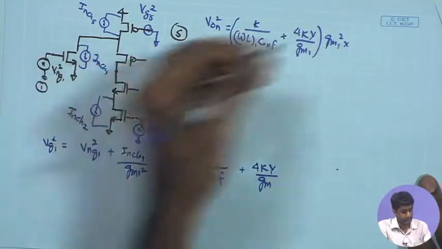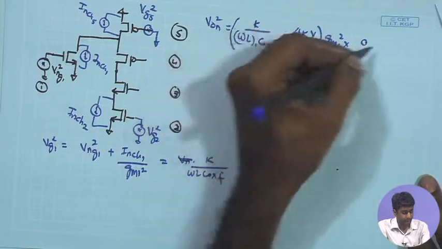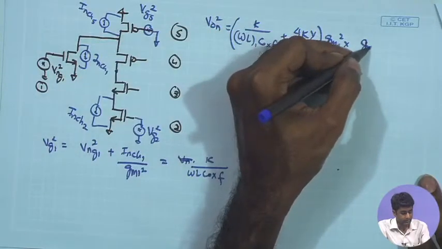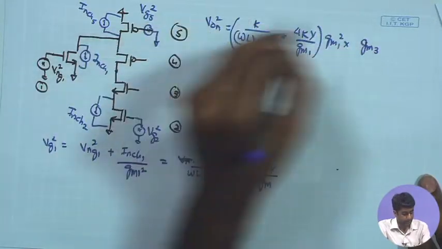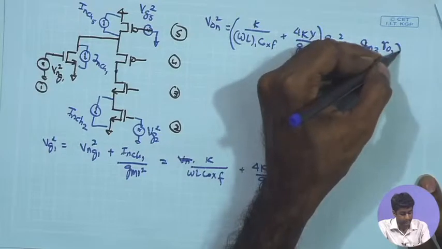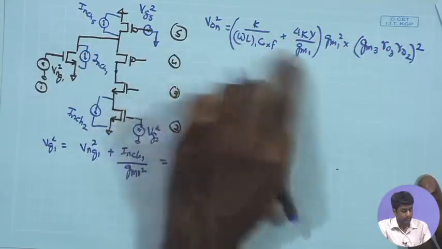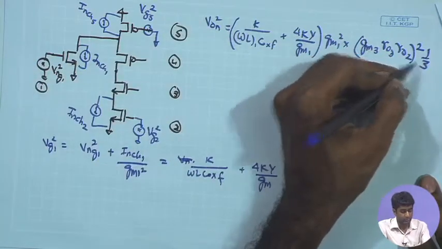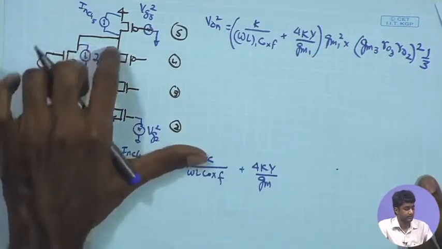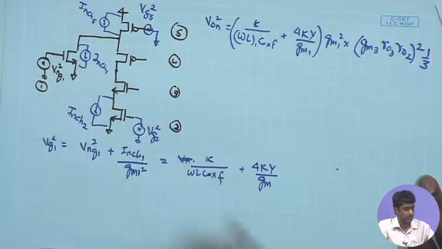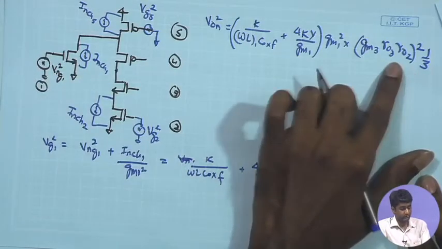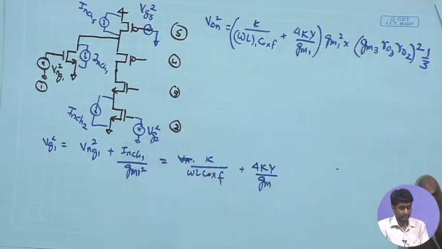So, that is basically GM3 square, we have to keep the square. So, GM3 RO3 times RO2 square, and we have the factor of 1/3 coming in also, that we have seen, because the current gets divided, you have RO over here, RO over here, and another RO here. So, that 1/3 factor comes in, and then we have this expression.